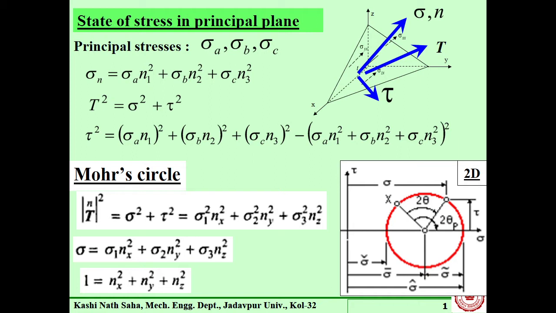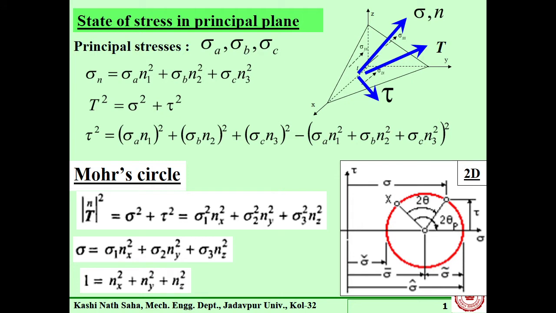So what about the quantity which is governing the relation between sigma and tau? Actually, that is the direction of this plane n, this outer normal, which is the third independent parameter here.